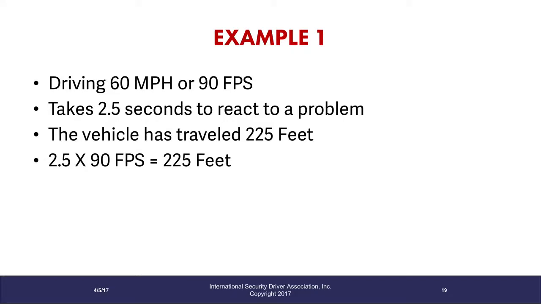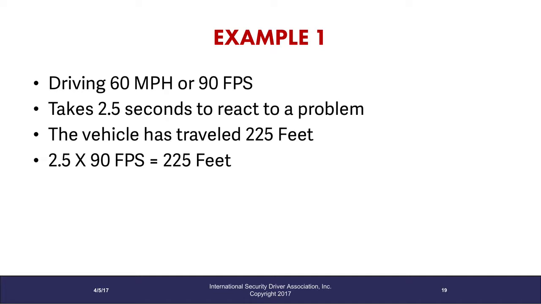Let's use some examples to see how we can use the conversion of miles per hour to feet per second. Example 1. Vehicle is traveling 60 miles per hour, or as we found out, that is 90 feet per second. Many studies that have been conducted mention that it takes 2.5 seconds to react to a problem.